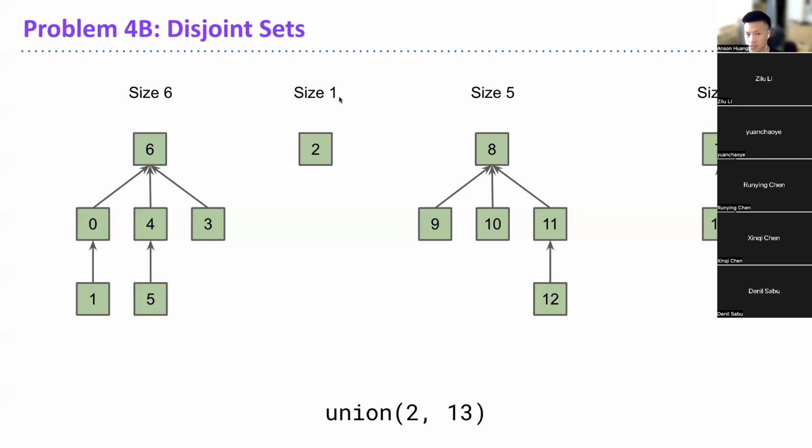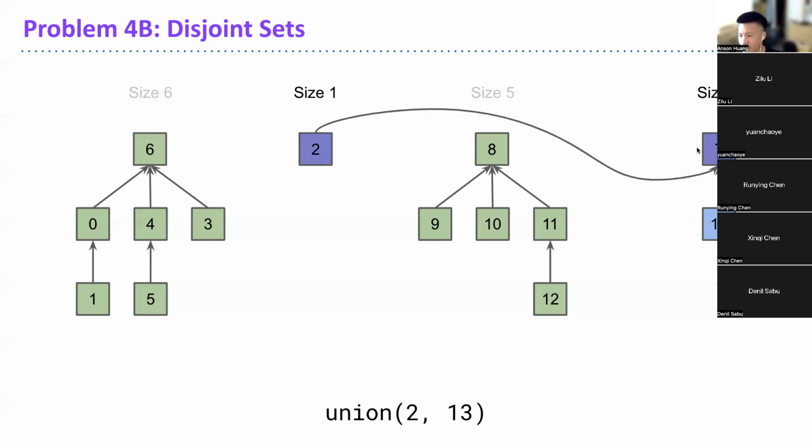So now that we found the sets that 2 and 13 are in, what does it look like to union them together? Does 2 go to 7? Does 7 go to 2? Yeah, 2 goes under 7. Yep, exactly. So we found the sets, and now 2 is going to point up to 7.